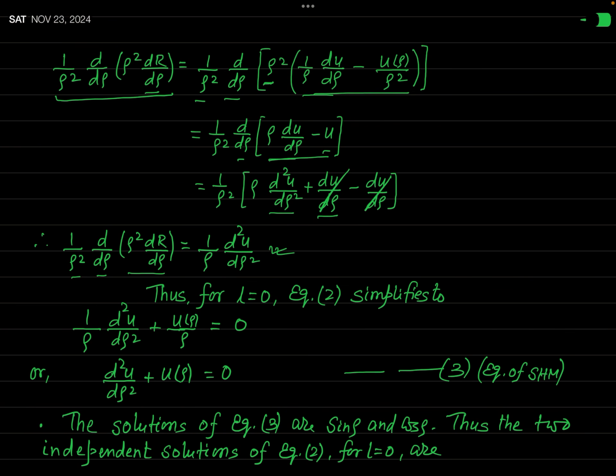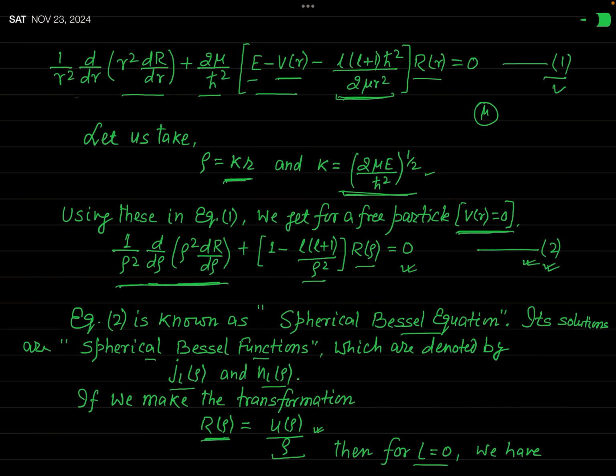Now if you consider that L is 0, then this equation 2 will become what? You have already obtained the value of this much, which is actually independent of L. And when you take L equal to 0, this second term, which is the centrifugal potential, will vanish. And this R will be equal to u over rho.